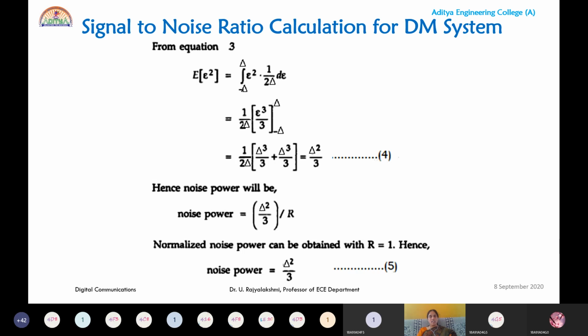Now please tell me what is the quantization noise power in the case of delta modulation? Is Deepika there? Ma Deepika from lateral entry. Deepika from, okay, tell me how you got the quantization noise power in delta modulation? Deepika. Ma Deepika.